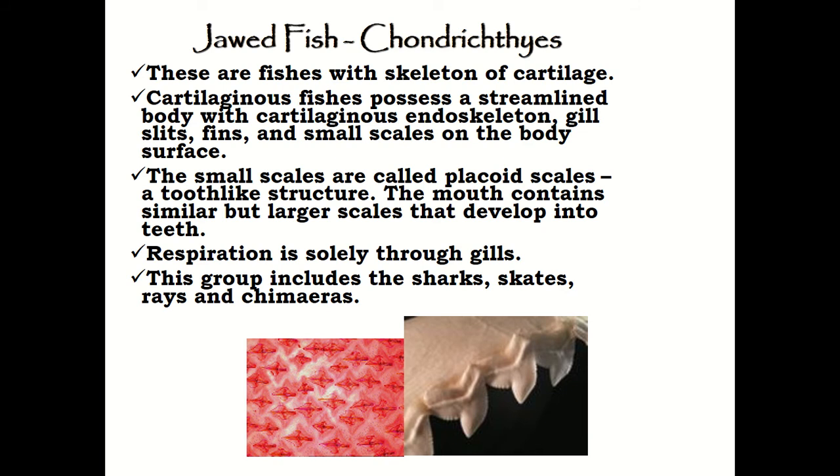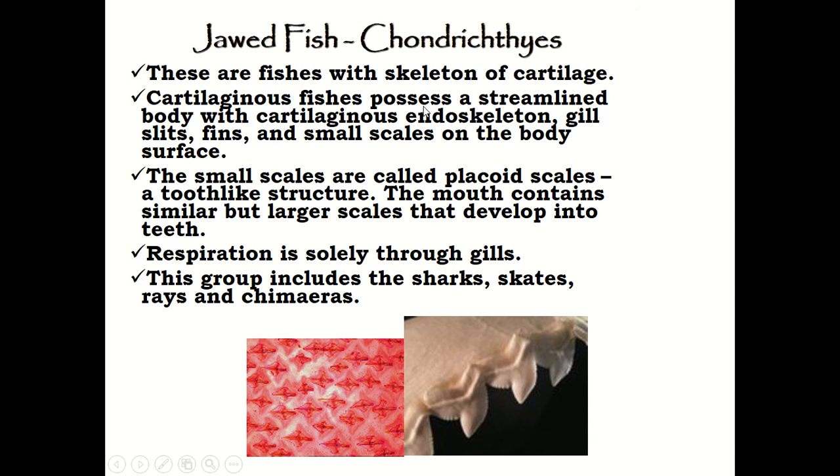Next, chondrichthyans, in which the three groups that we will discuss are sharks, skates and rays, and also chimaeras. These chondrichthyans are fishes with a skeleton of cartilage, lacking bones.